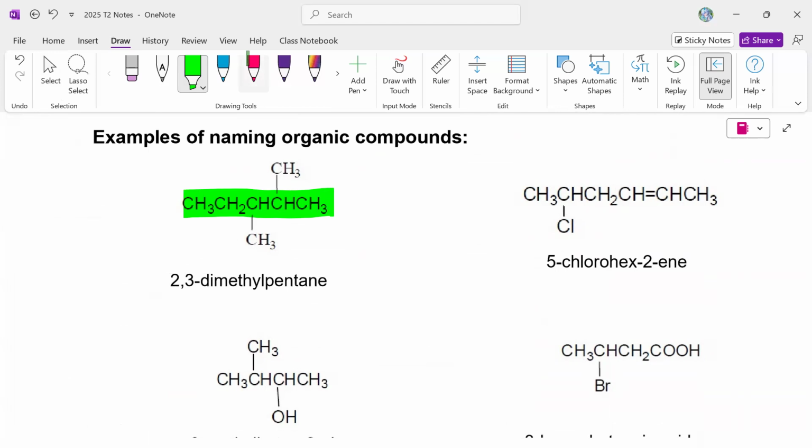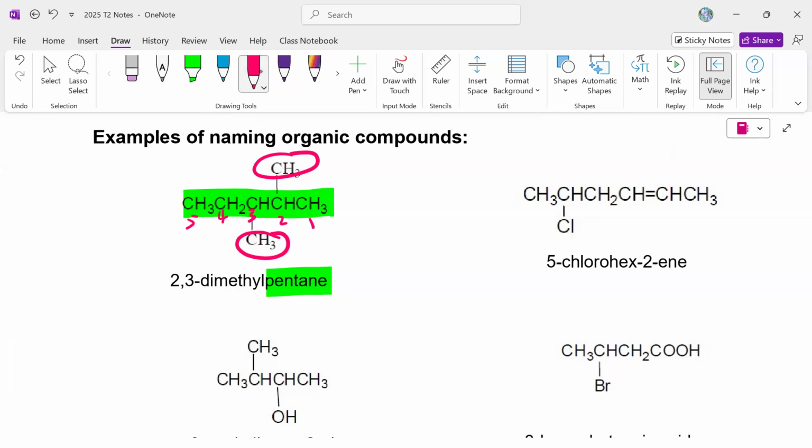Okay, so 1, 2, 3, 4, 5. Since alkane has no functional group, we don't need to give the smallest number to the functional group because there's none. For us to number it as small as possible, we try to give the smallest number to the substituent. I repeat that we only give the smallest number to the substituent now because the main alkane has no functional group.